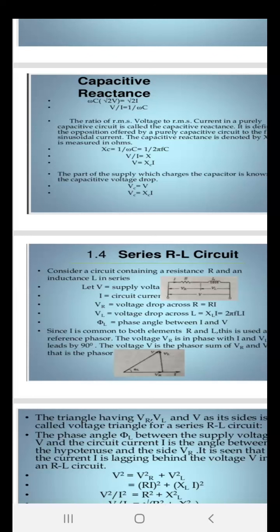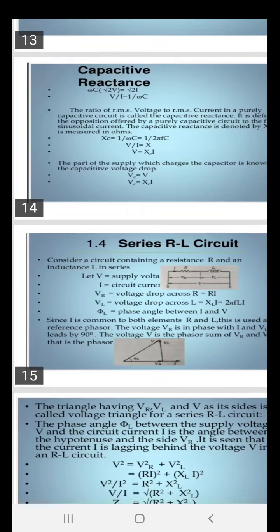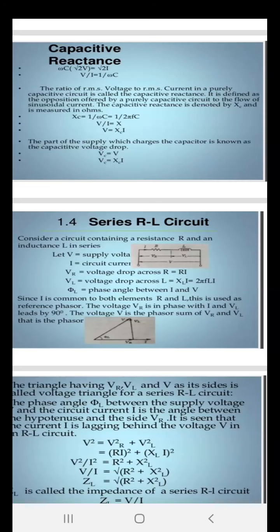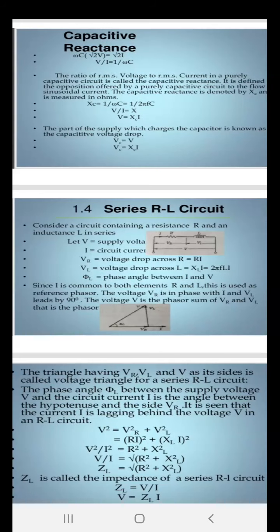V_L, the voltage drop across L, is X_L I, that is 2πfLI. Since the current is common to both elements R and L, use it as the reference phasor, and voltage V is a phasor with I, and V_L leads by an angle of 90 degrees.